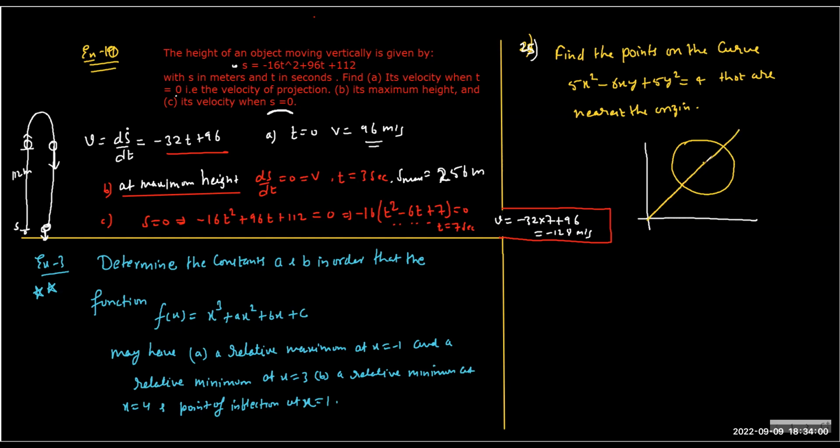A line which will pass through the diameter, isn't it? Yes. Because the nearest point is always perpendicular to the tangent to the circle. And therefore, this line, the nearest point line, will eventually cross the center. And this equation is the equation of a circle. How? Because x square is having 5 and y square is having 5. So when x square and y square have the same coefficient, we know it is a circle.